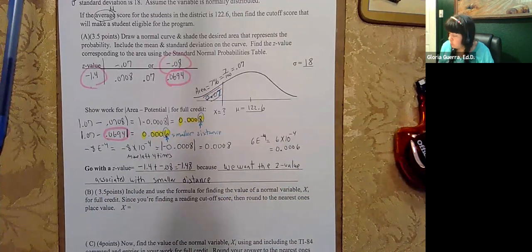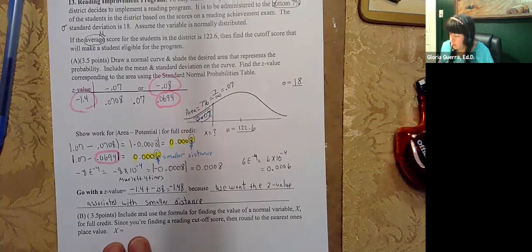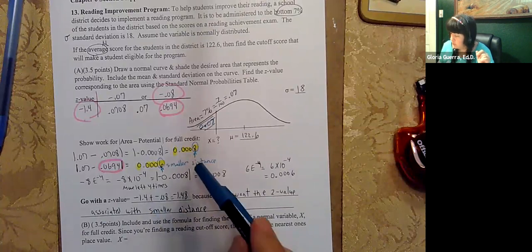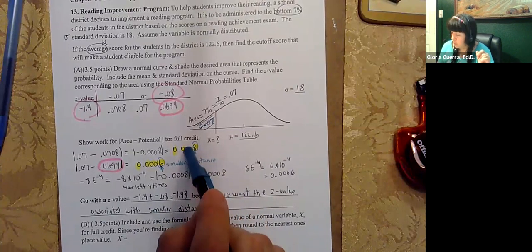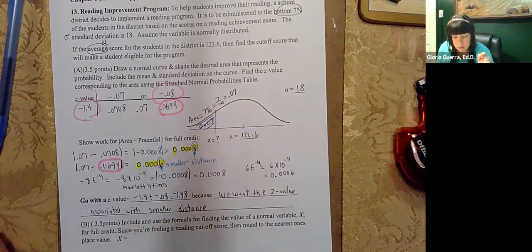Now, I'm also going to remind you that if these values had been equal, then they would have fallen halfway between the two z values.